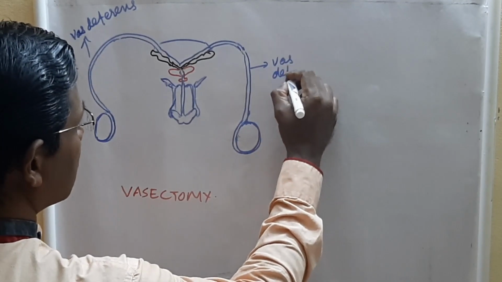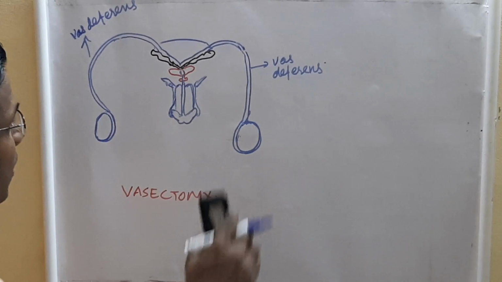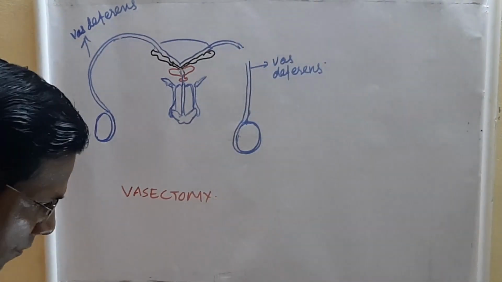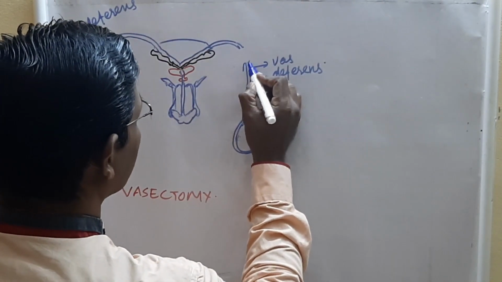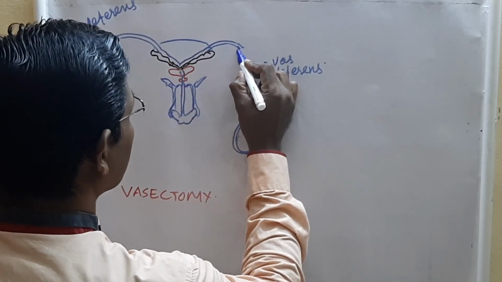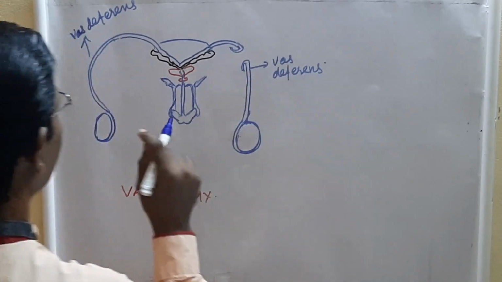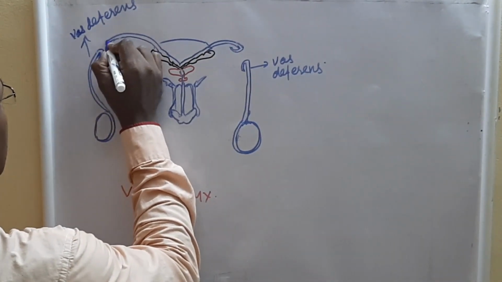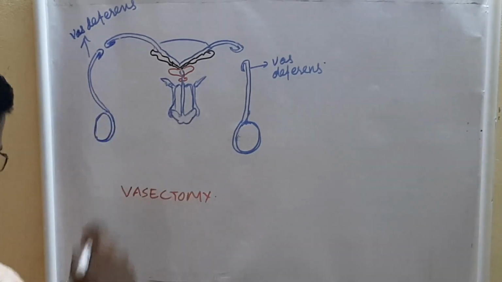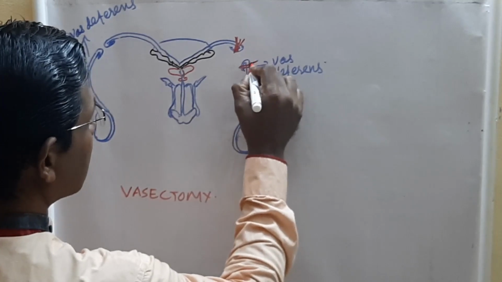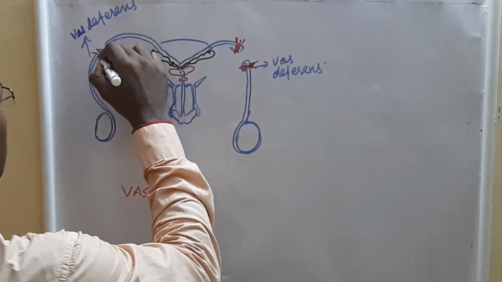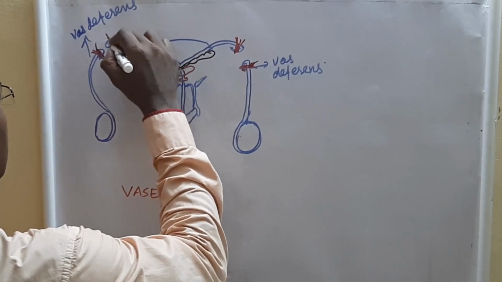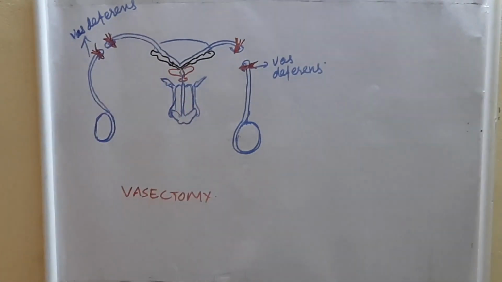Vas deferens from both the sides, it is cut and tied. You can see the vas deferens is cut here and it is tied.